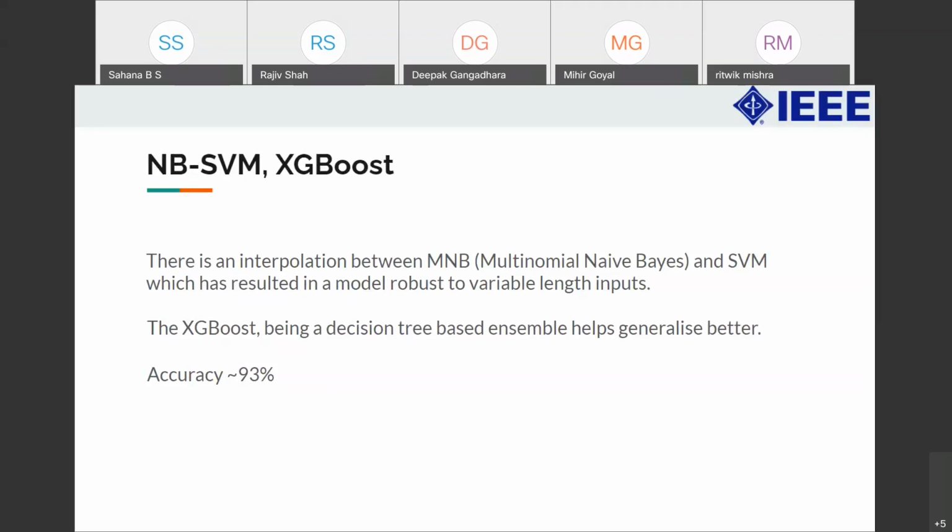So our model had to be very robust to the length of the input. We think the NBSVM performed really well. The accuracy we were able to get with the NBSVM was pretty good, around 93%.